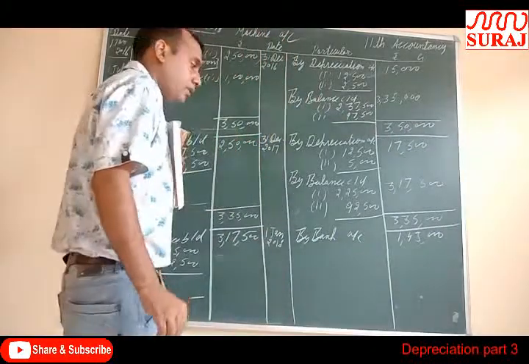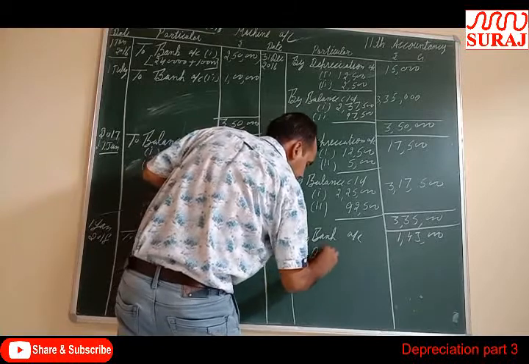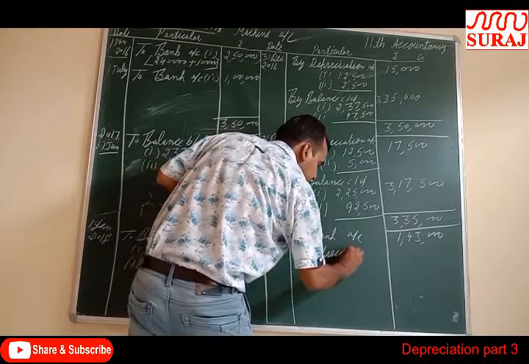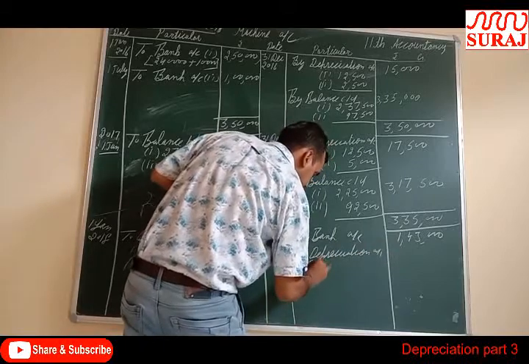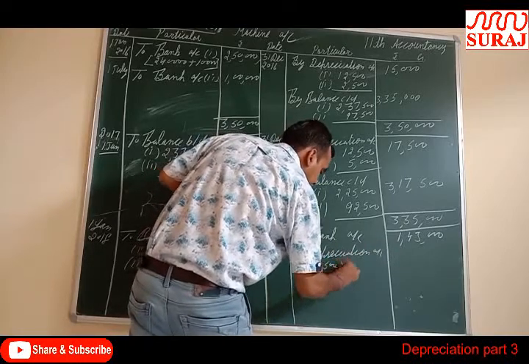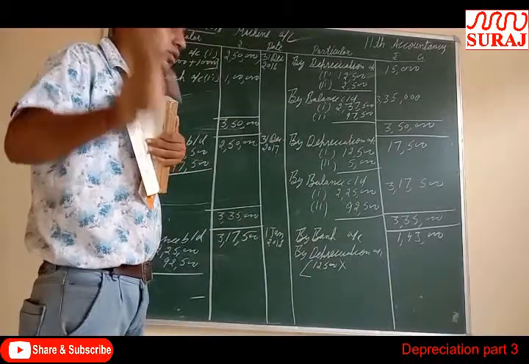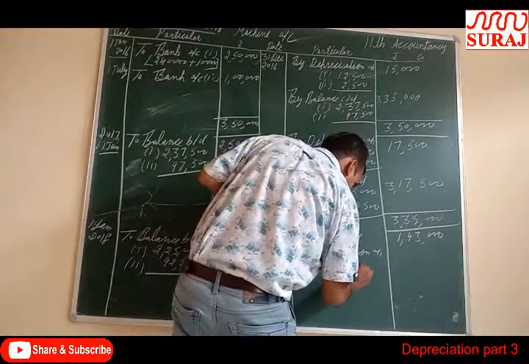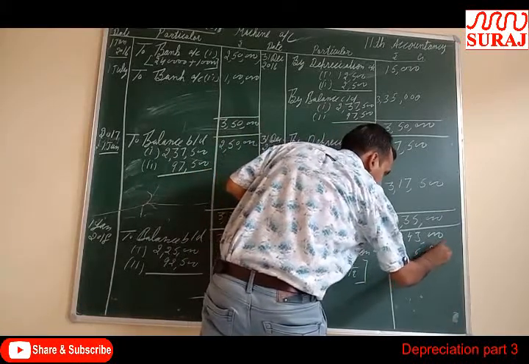If an asset is sold, then we will charge depreciation by depreciation account. Complete year depreciation is 12,500, and it is used for 6 months: January, February, March, April, May, June, 6 months. The 6 month depreciation is 6 by 12 of 12,500, which is 6,250.